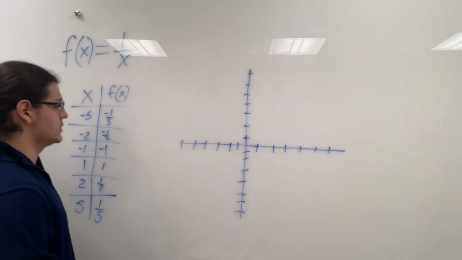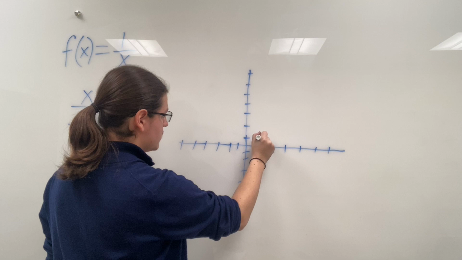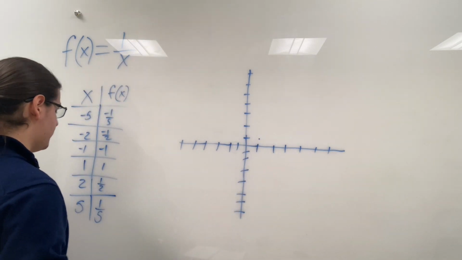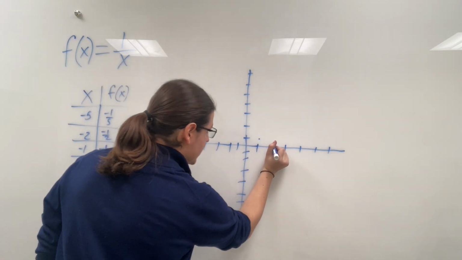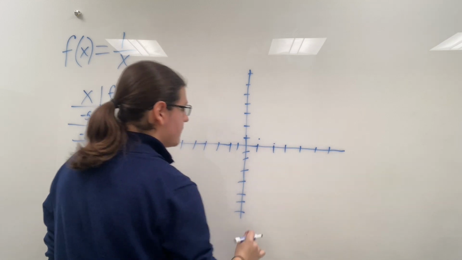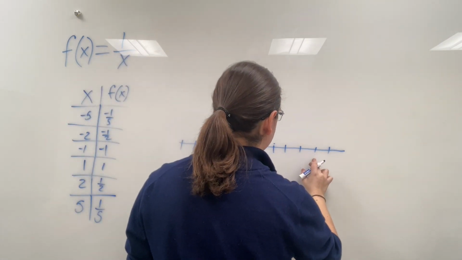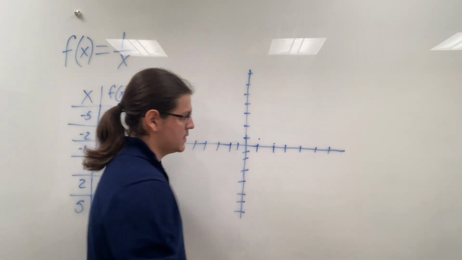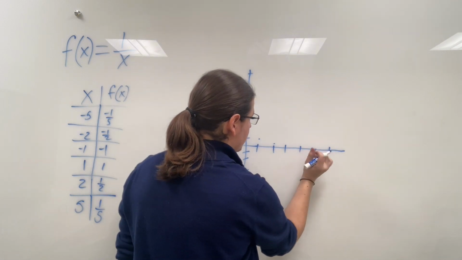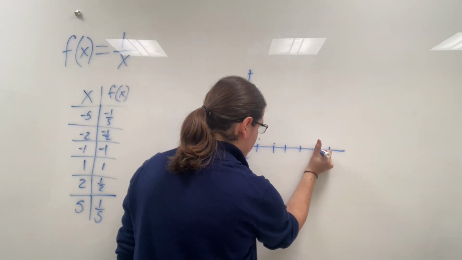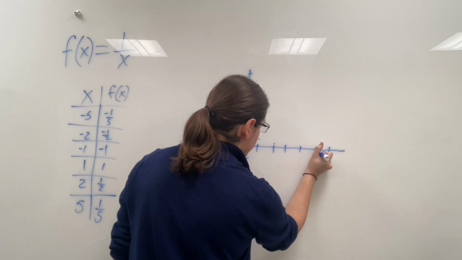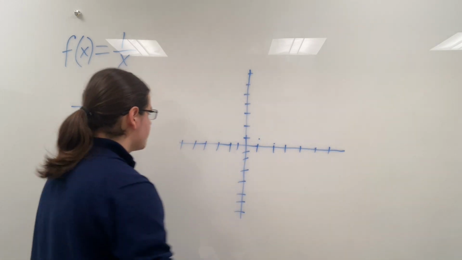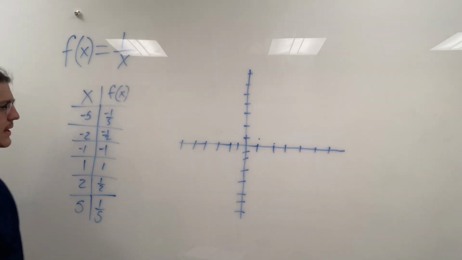Okay, so quadrant 1, that's our first point. Our second point at 2 is going to be at the halfway mark. And then 1, 2, 3, 4, 5. Our fifth point is going to be at 1 over 5. It's going to be extraordinarily close to 0. Now look at our negatives.